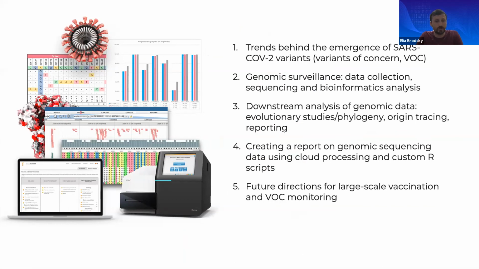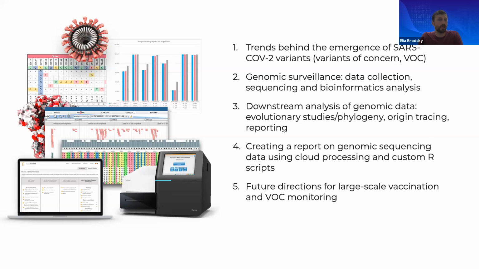How to perform downstream analysis of genomic data with evolutionary studies like we did today, but also to trace origin and to report the variants of concern or specific clades based on different nomenclature that's out there, like pangolin and others, to be able to report about presence of specific clades.